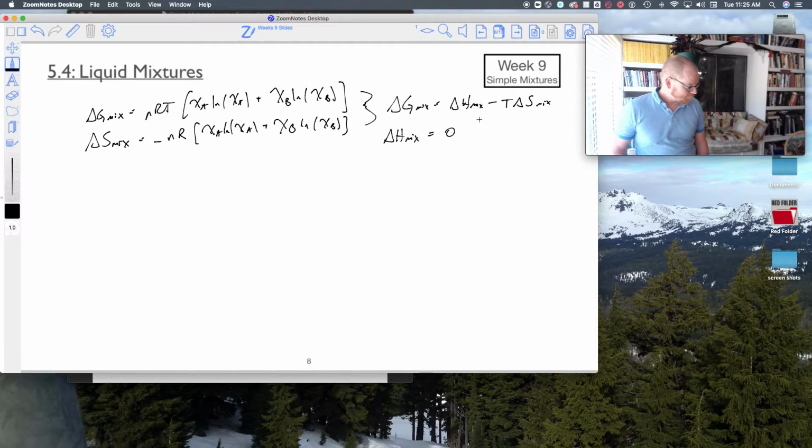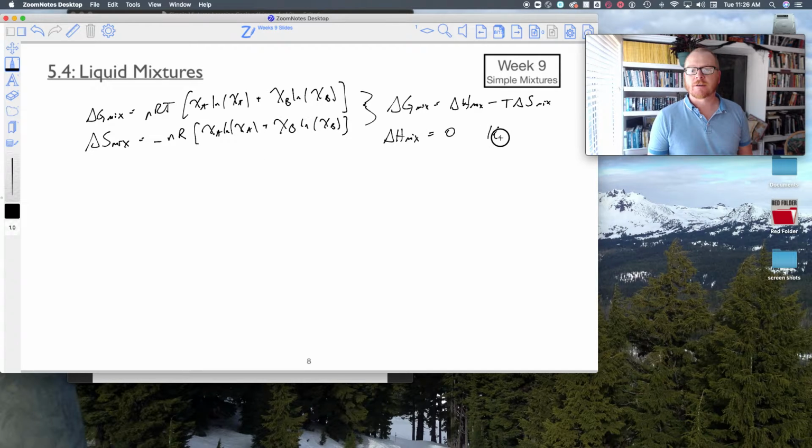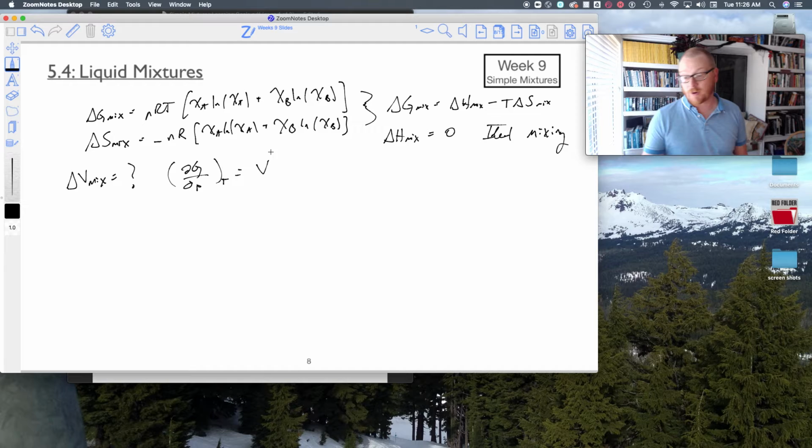All right? So what about ideal? So this is ideal mixing. Well, what about the ideal volume? So delta V of mixing, question mark. So as it turns out, look, the partial derivative of G with respect to P at constant T, hopefully you remember, is volume, right?